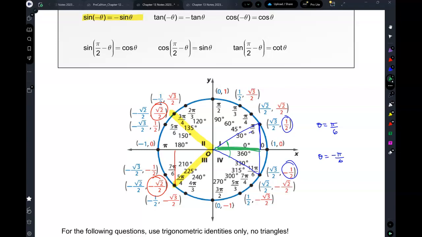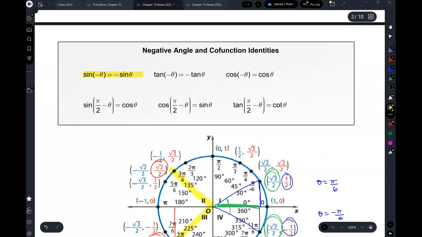So when the angle goes from negative to positive and vice versa, the cosine will stay constant because it's literally that same segment and it does not change. So that's why cosine of negative theta is just cosine of theta. It does not change when the angle becomes the negative of itself. Tangent is sine over cosine, so obviously if one becomes negative, the other one will too. So tangent changes sign.